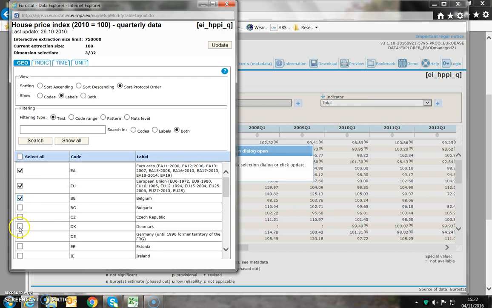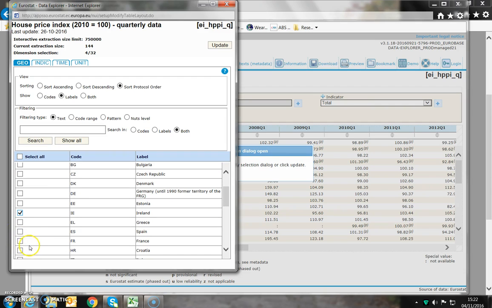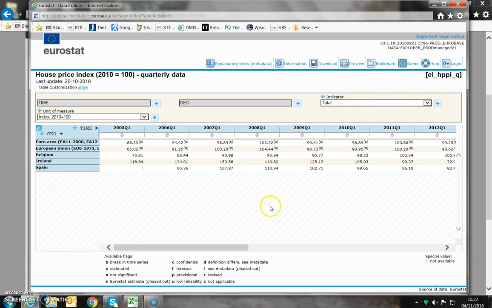We go with Belgium, we go with Ireland, and look, for comparison's sake, we go with Spain as well. And we go update, and now we just have our Euro area, our European Union area, so this is our Eurozone, our European Union, and Belgium, Ireland and Spain. No data for Spain at this point. We scroll across and we see what we have. It's quite neat, only 5 observations, nice and neat.